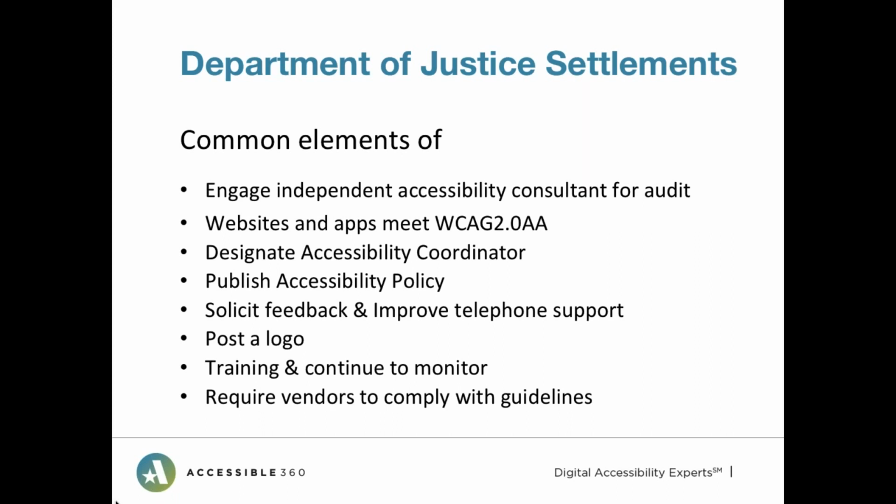Those common elements of the settlements with the DOJ include, number one, first and foremost, engage an independent accessibility consultant for an audit. So that's a company like A360. That your websites and apps meet WCAG 2.0 level AA.